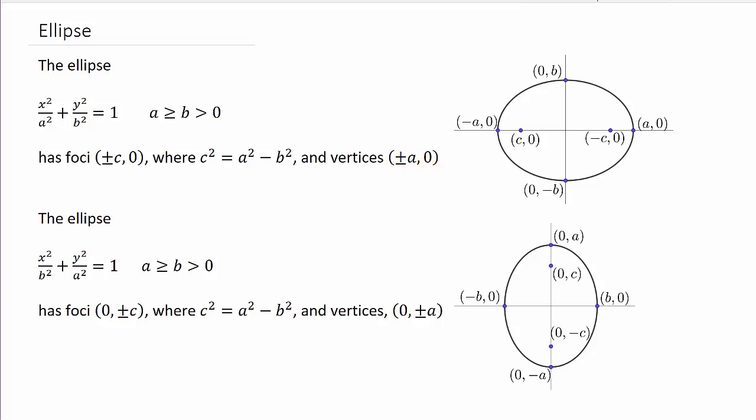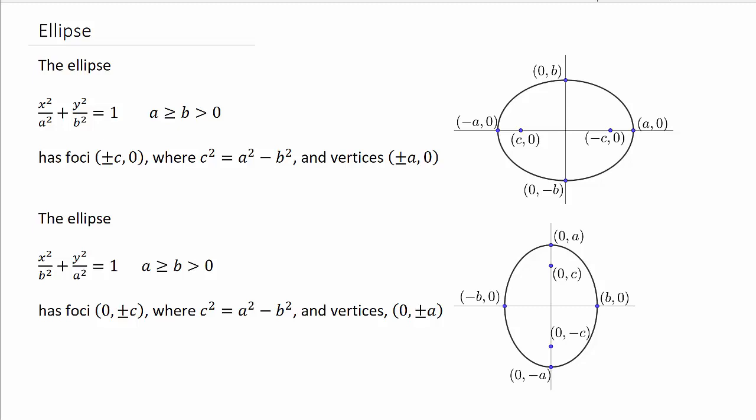The vertices, negative a, 0 to a, 0, this line segment that joins these is called the major axis, and then the line segment that joins 0, b and 0, negative b would be the minor axis.